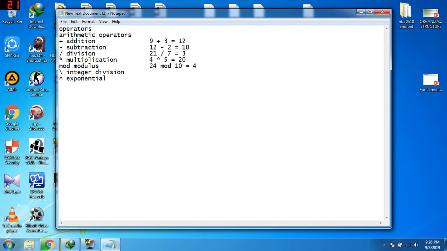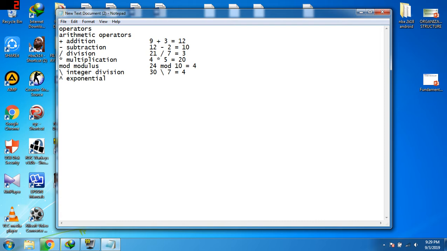So yun naman yung pinagkaiba nila when it comes to the integer division. So integer division naman is the opposite of the modulus. So in integer division, the symbol is the backslash, so opposite of the division. So like for example, if we have 30 and then backslash by 7, so that will give us 4. So why? So 30 divided by 7, so that is 28.